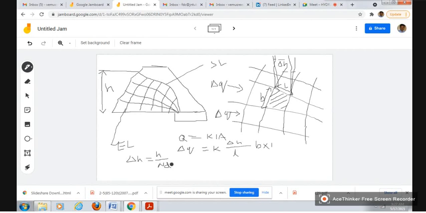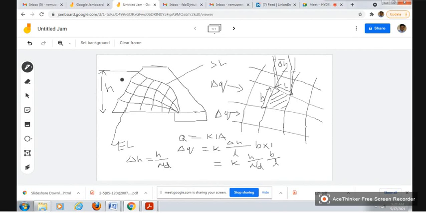Therefore, if you substitute delta H, this will become K into H by ND into B by L. Hence, this is the discharge taking place through one flow channel.